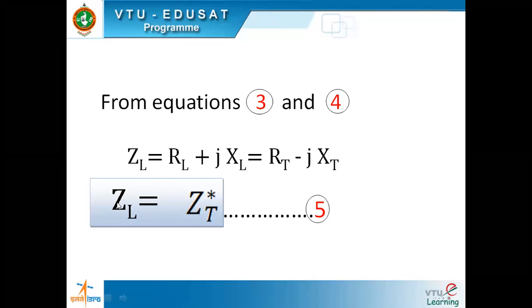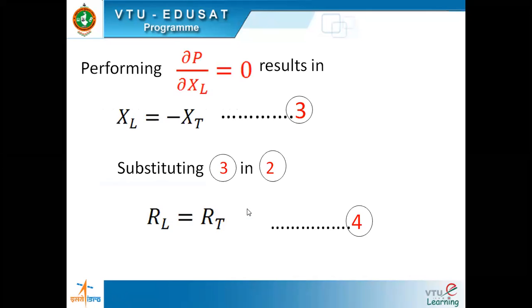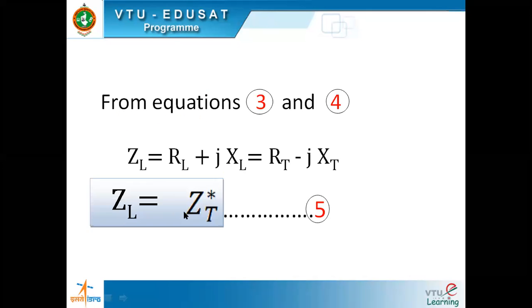For maximum power transfer, the load impedance has to be equal to the complex conjugate of Thevenin's. What is Thevenin's impedance? Thevenin's impedance is RT plus JXT. But what we have got here, ZL has to be RT minus JXT. What is RT minus JXT? This is the complex conjugate of Thevenin's impedance. So this is another condition. This is one condition. This is another condition.